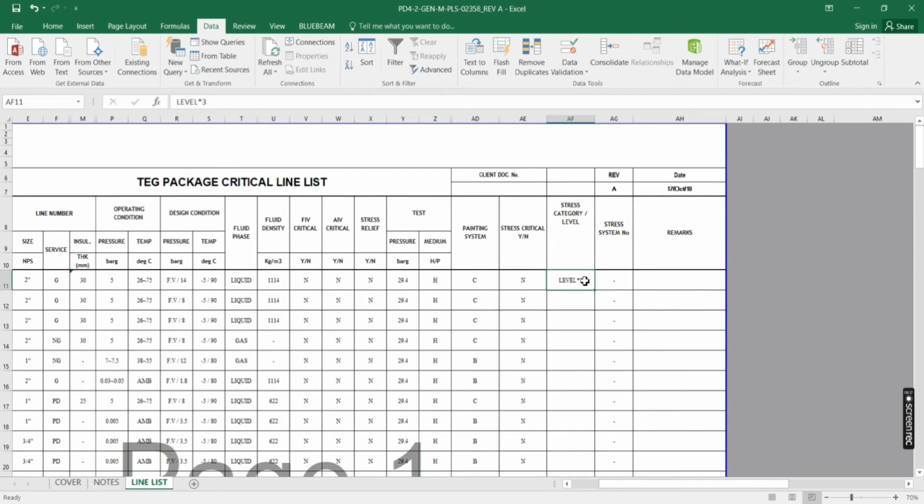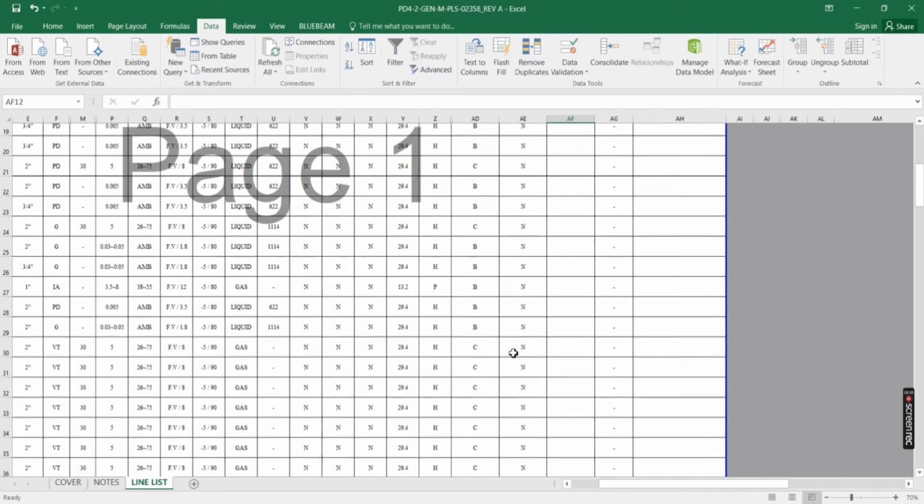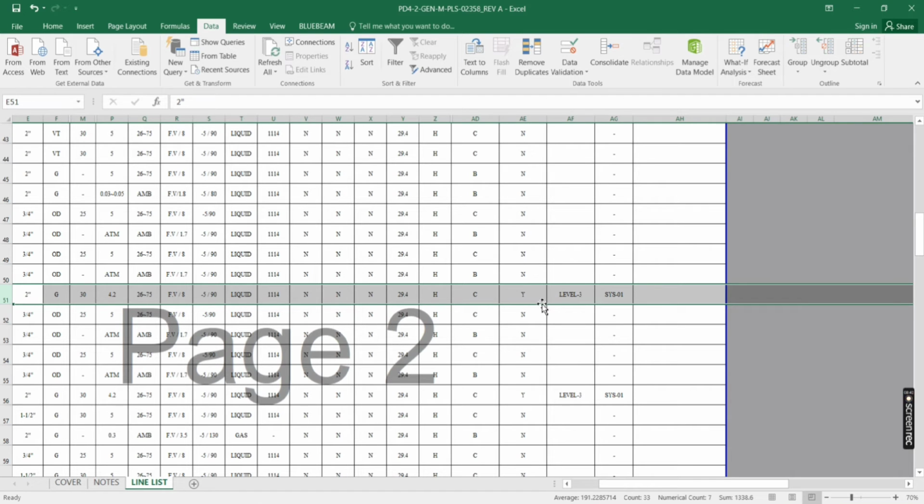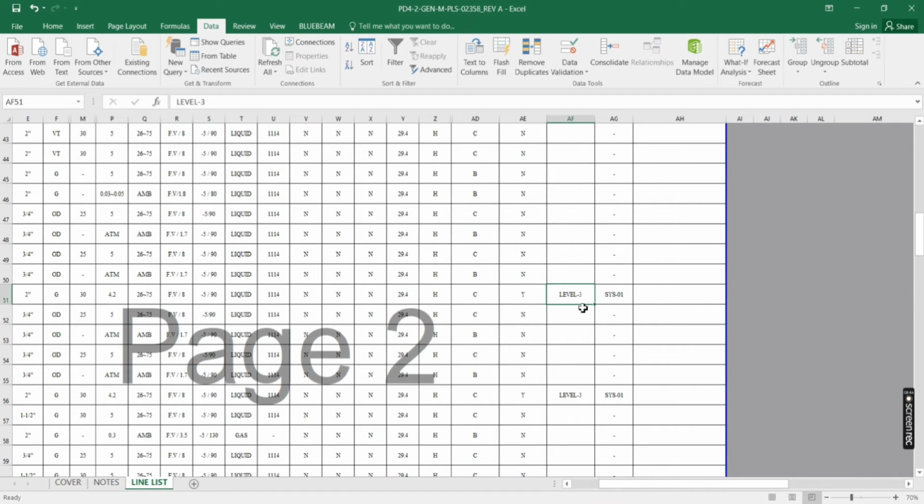If it is not critical, then we need to see whether it comes under level 2 or level 3. If it is critical, you have to give yes, and you have to enter which level. That depends on the project.